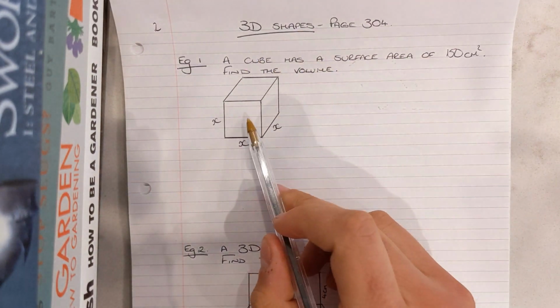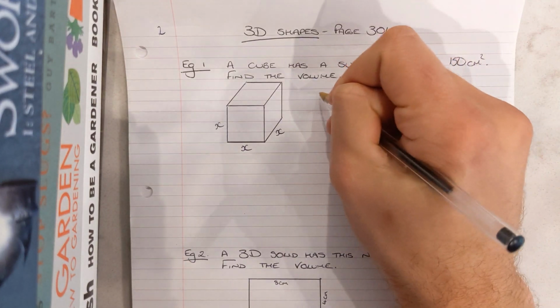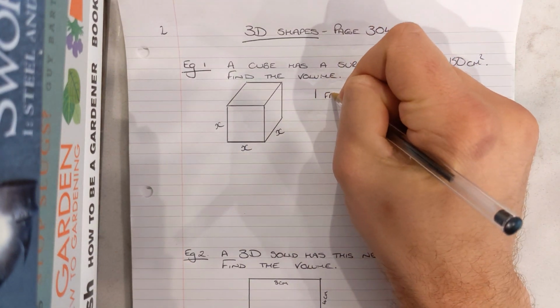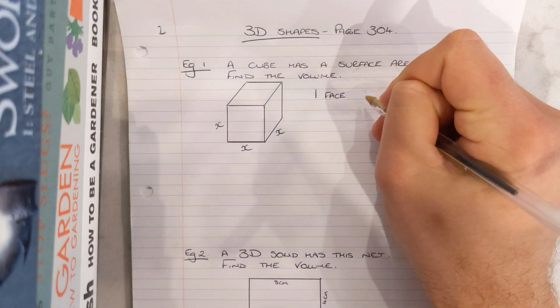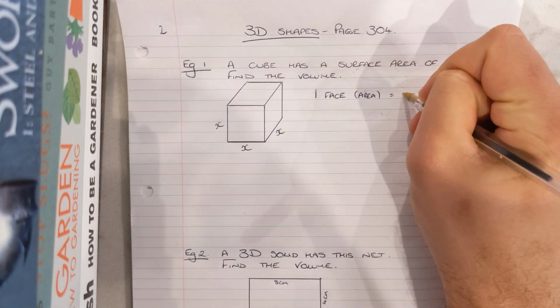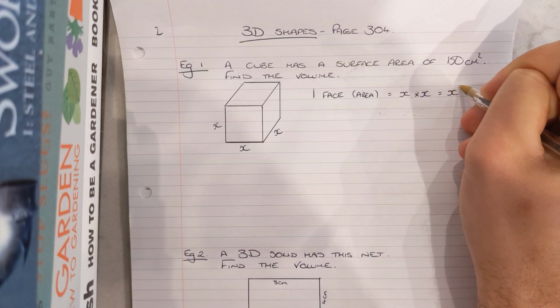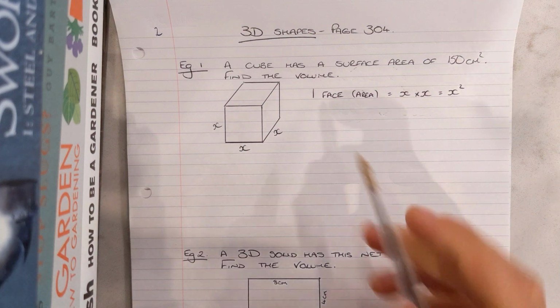We know that the area of one face of this cube is x times x, which is hopefully nice and easy, x squared.